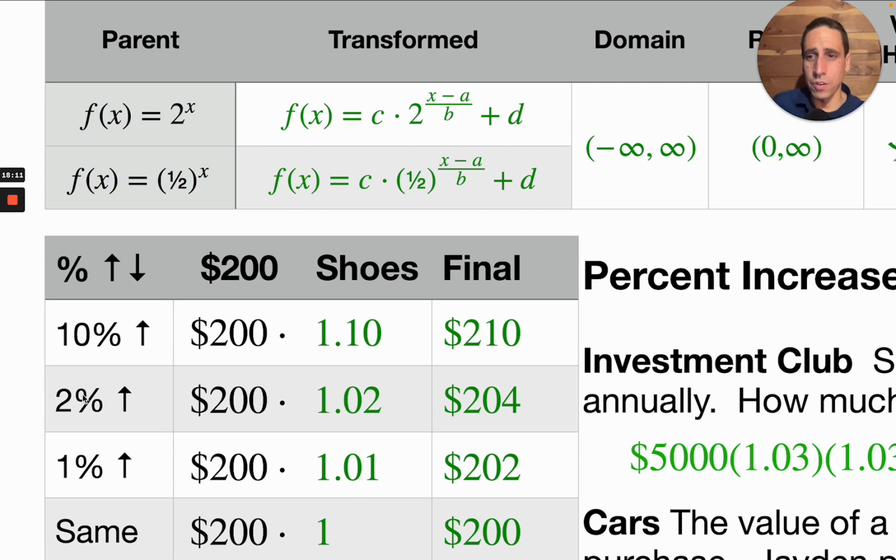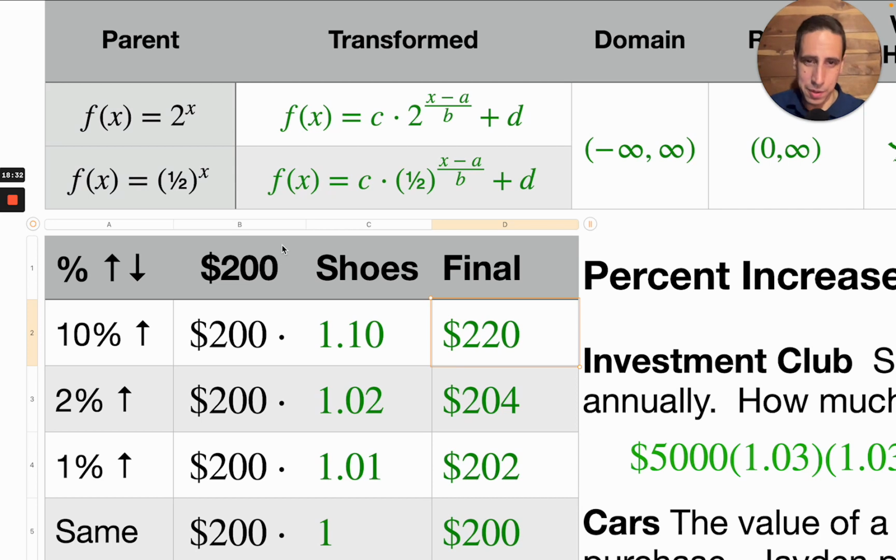If you can look at this 2% and say, oh, all I really got to do is multiply it by 1.02, you can do that in one step. And this $204 is a 2% increase. 10% up, that would be multiplied by 1.10, or just 1.1, and you get $210. Pause. I meant $220.